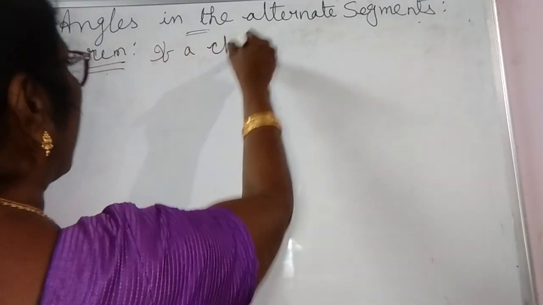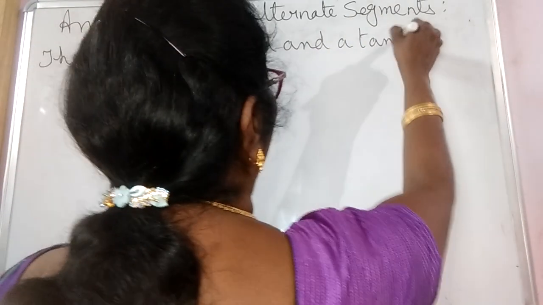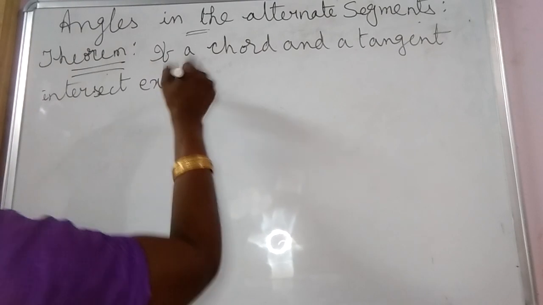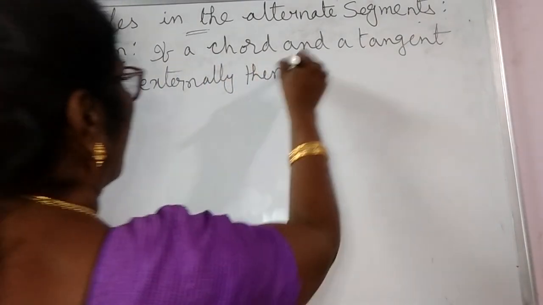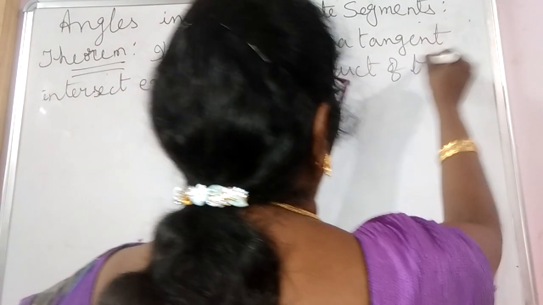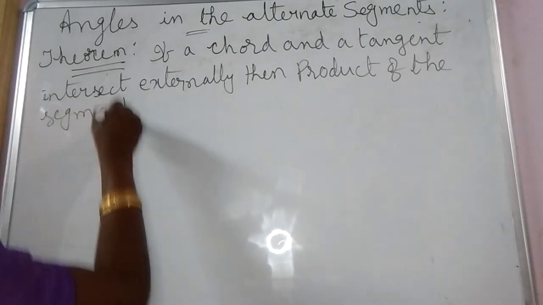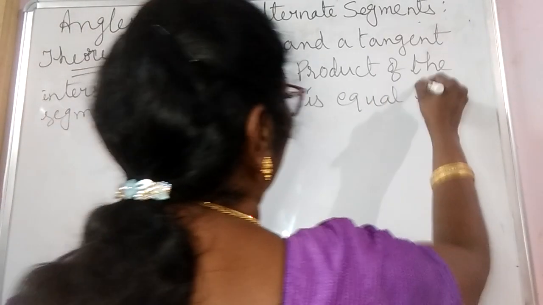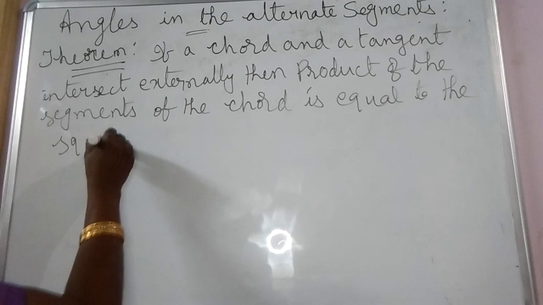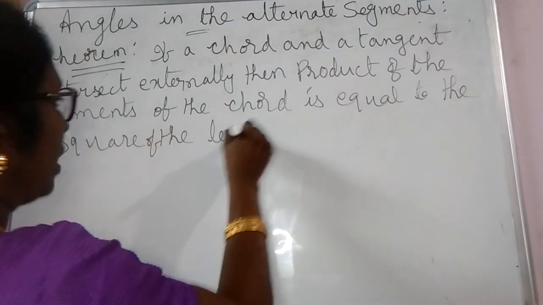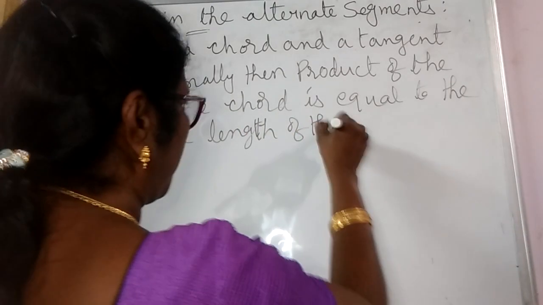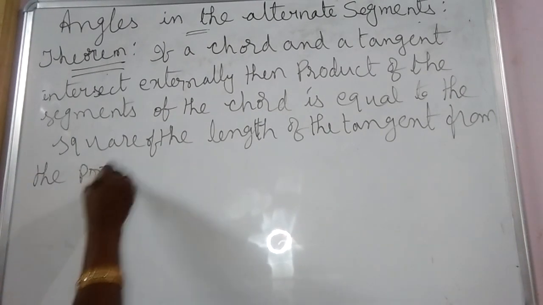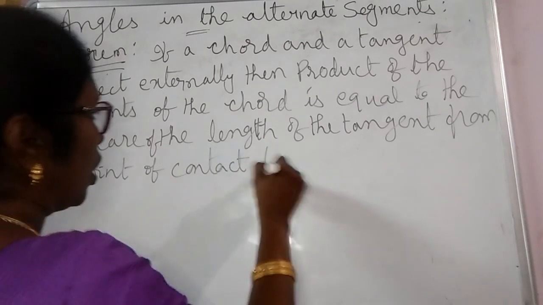If a chord and a tangent intersect externally, then the product of the segments of the chord is equal to the square of the length of the tangent from the point of contact to the point of intersection.